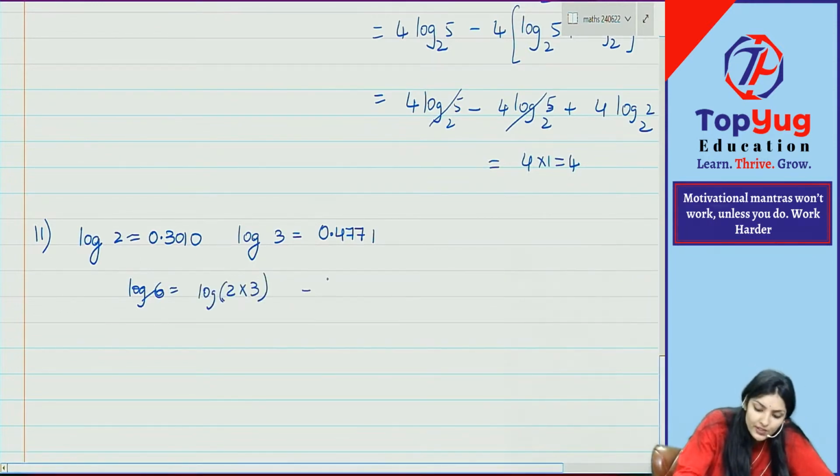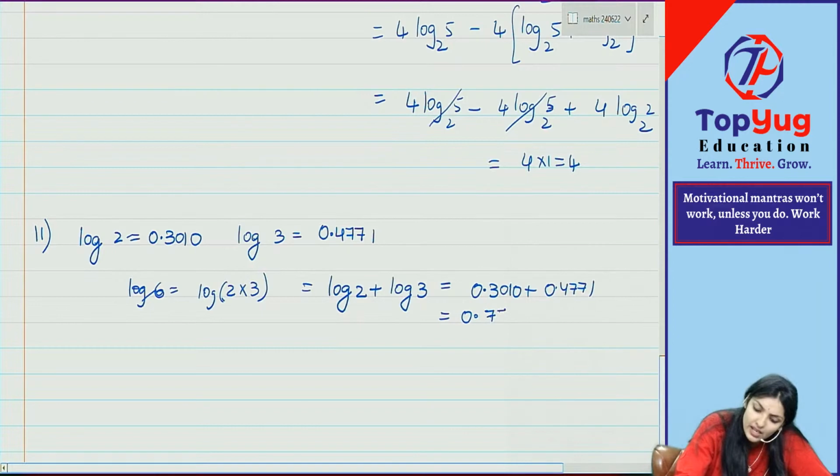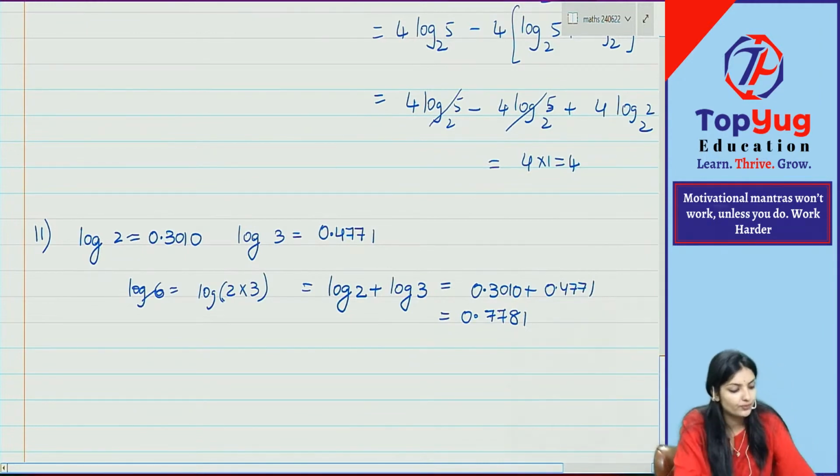Further I can write it as log 2 plus log 3. Am I right? So you can directly add and tell me the answer. 0.7781, na? Option is C.